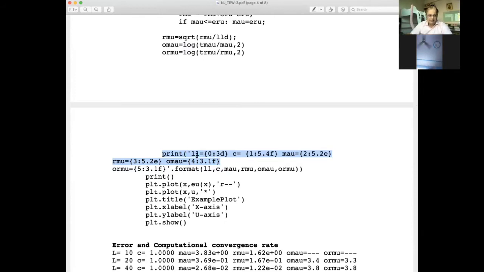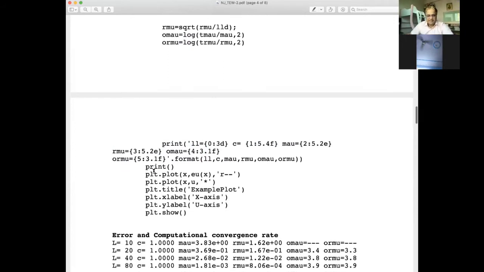I have printed LL, and C, which is your shape parameter, and this is the L infinity error, this is the L2 error, this is the order of L infinity, and this is the order of L2 error. And then I have plotted the solution I have got.